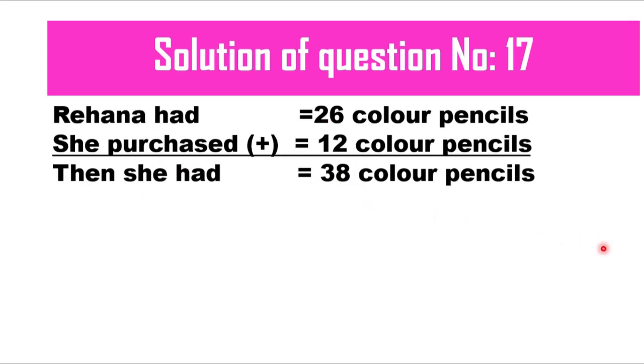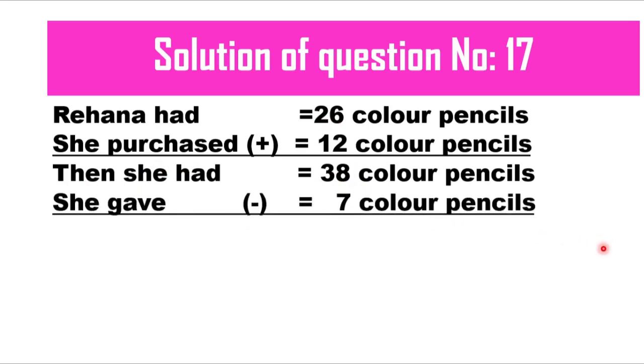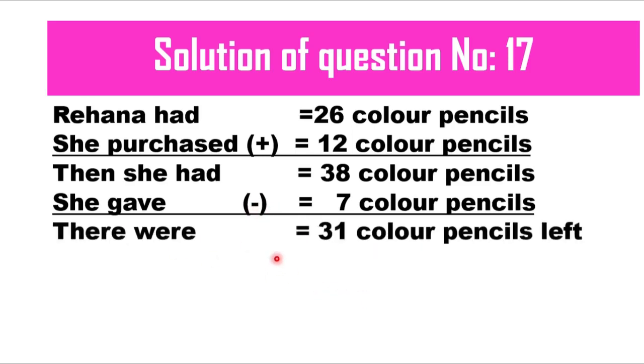But in the next line you should write that she gave 7 color pencils. So whenever she gave 7 more color pencils, the number of pencils will be decreased, and that is why you should write a minus sign here. So in the final line you should write that there were 31 color pencils left, and it is the answer of this question.